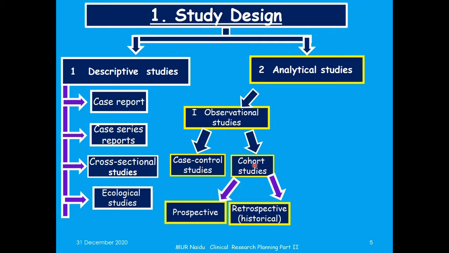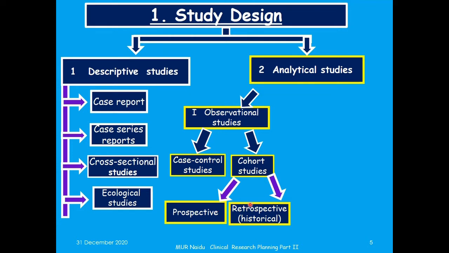Cohort study is further divided into prospective, where you start the clinical trial from the beginning. The other one is retrospective, where the data has already been collected and is available. You simply take out all those data and do the analysis. So there is a prospective study and then there is a retrospective study.